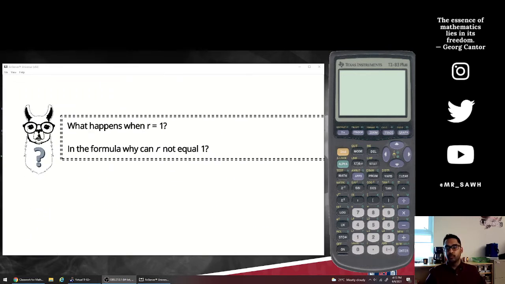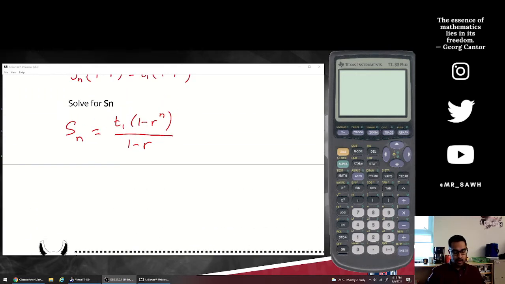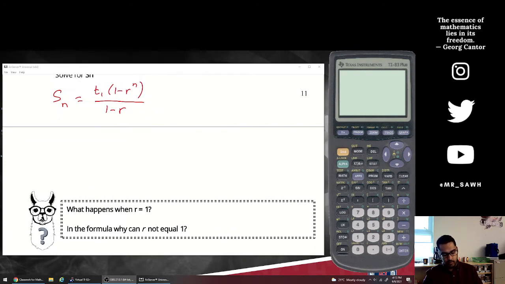So that is all fine and good, but what happens if that r value is equal to 1? Think about what happens if r is 1. If r is equal to 1, then the ratio is 1, which means each term is equal to the last.